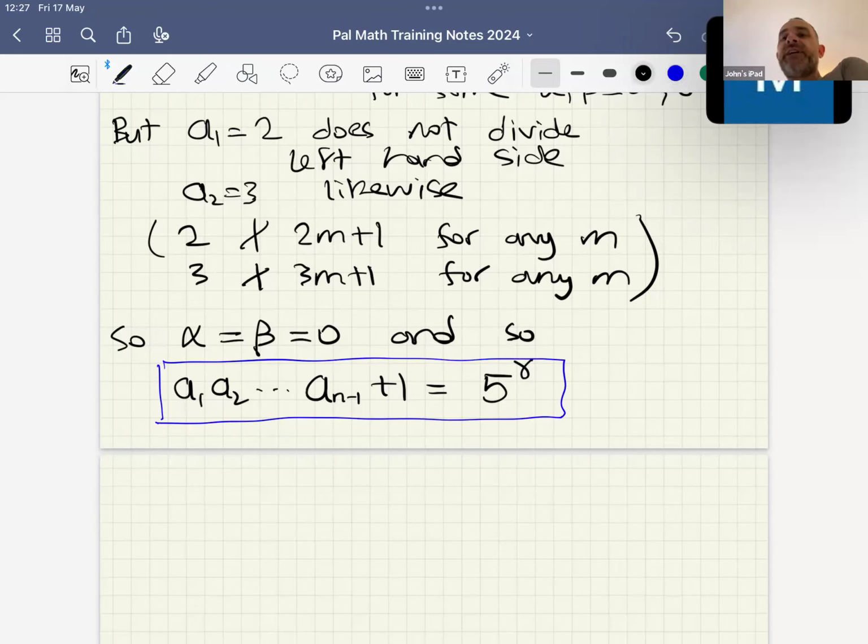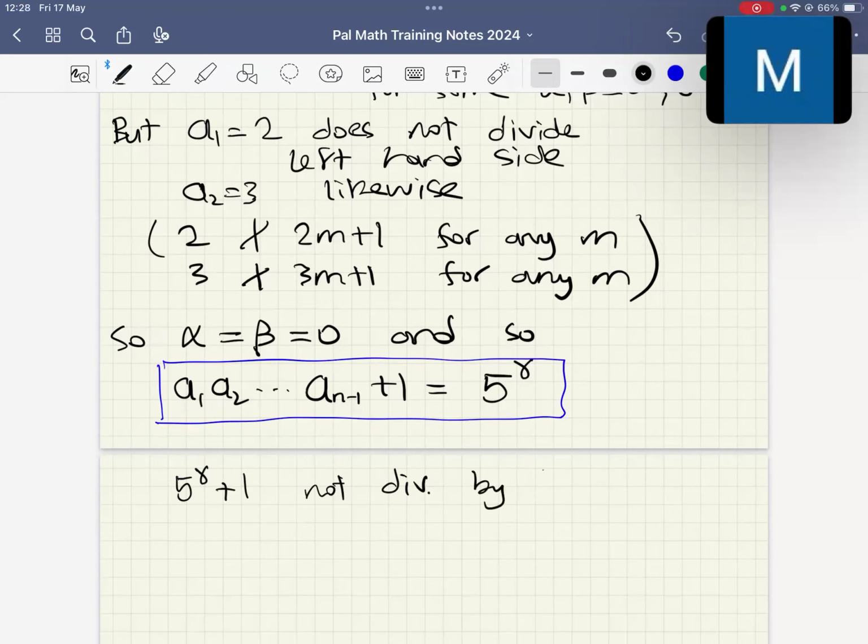So you're saying that 5 to the gamma plus 1 is not divisible by 5. Yeah. But can we relate this to this equation here? Oh, no.